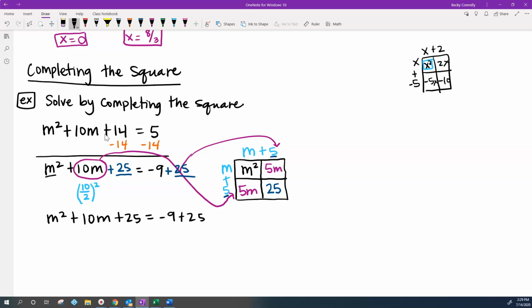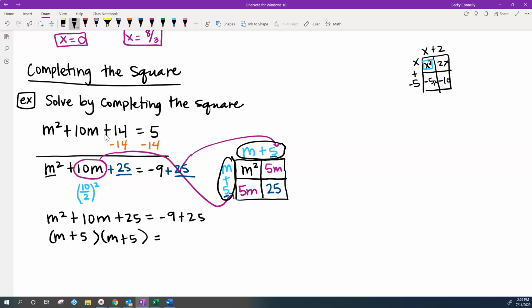If I factor this left side, I'm thinking m and m, and then that factors to be the plus 5 and plus 5. So that's where in the picture I'm getting these from. The m plus 5, the m plus 5.